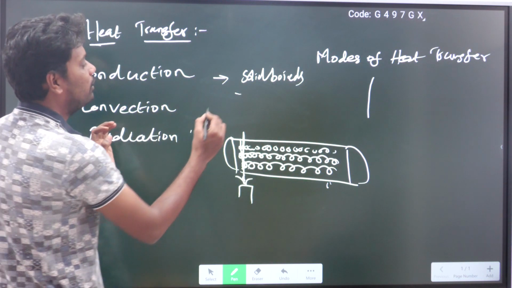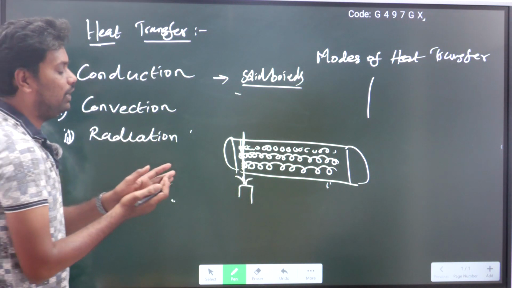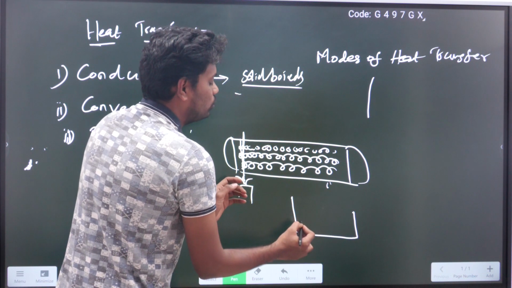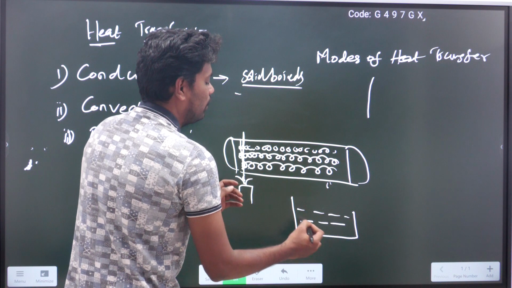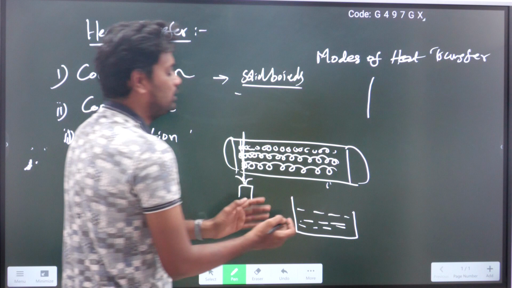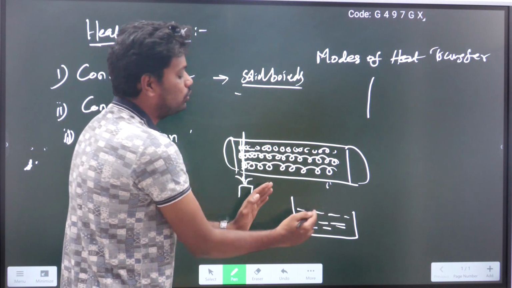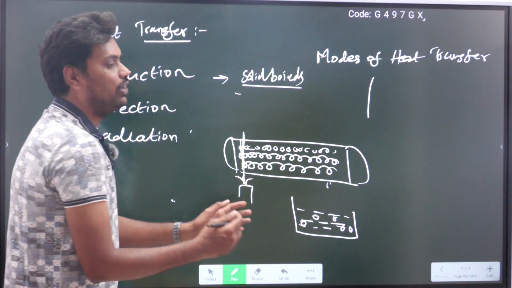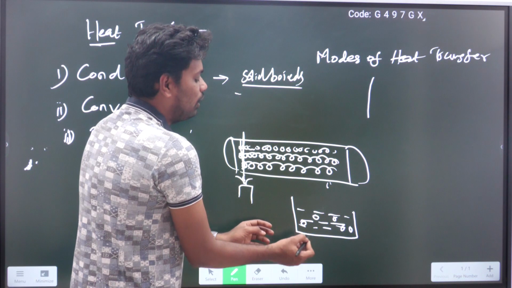Conduction happens not only in solids but also in liquids and gases. Suppose we take a pan filled with water. In solids the molecules are closely packed, but in liquids the molecules are not closely packed and are allowed to move freely inside the object in which they are filled.